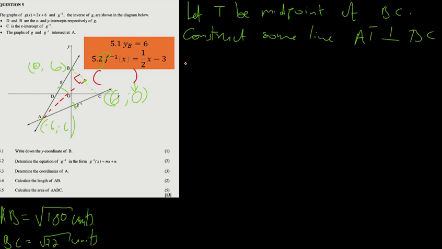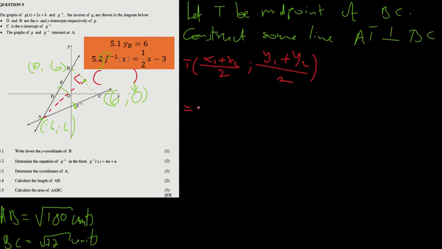So the coordinates of T: x1 plus x2 over 2, y1 plus y2 over 2. This is the formula for the midpoint.